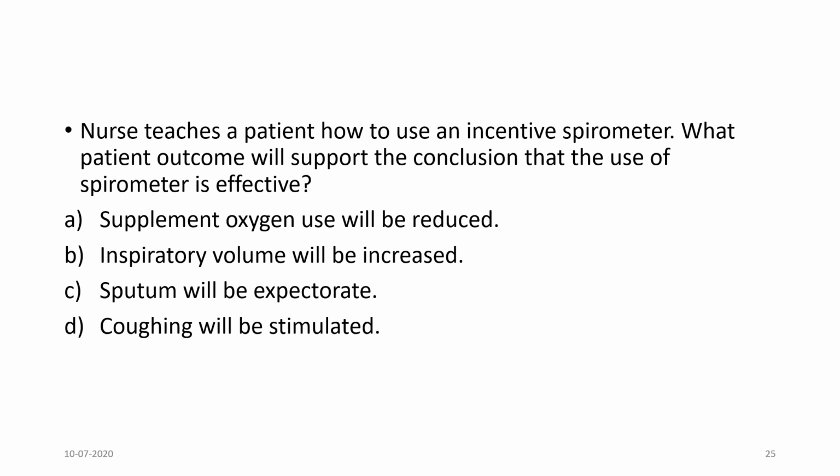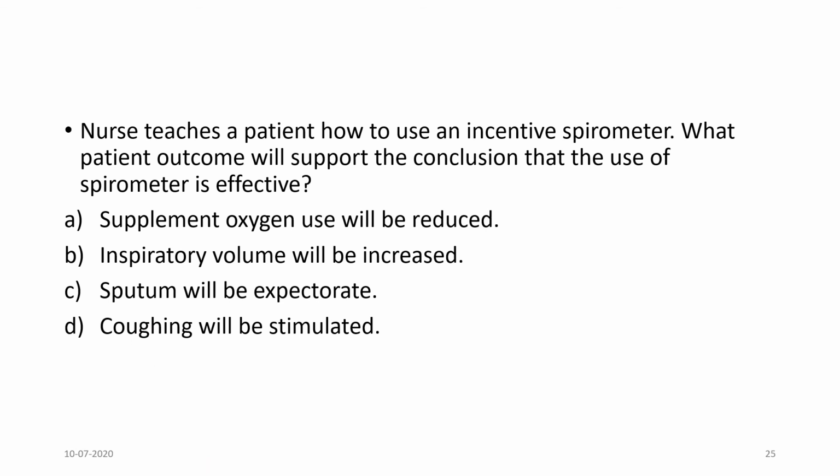Our next question. The nurse teaches a patient how to use an incentive spirometer. What patient outcome will support the conclusion that use of the spirometer is effective? Supplemental oxygen use will be reduced. Inspiratory volume will be increased. The sputum will be expectorated, and coughing will be stimulated.